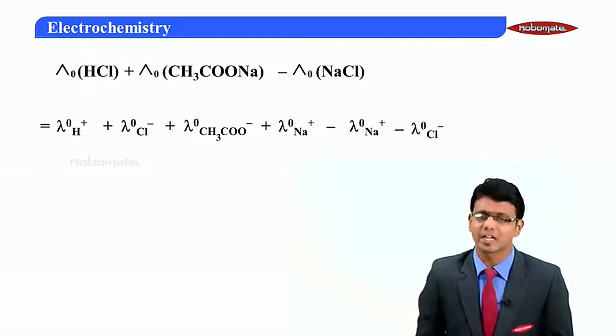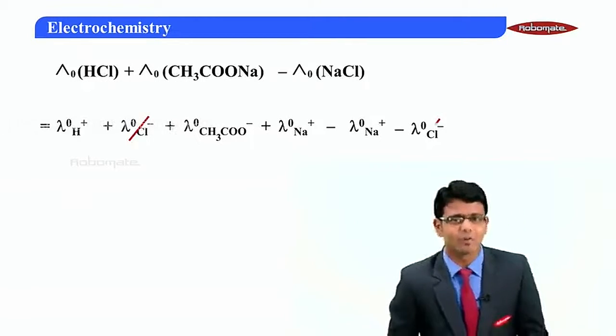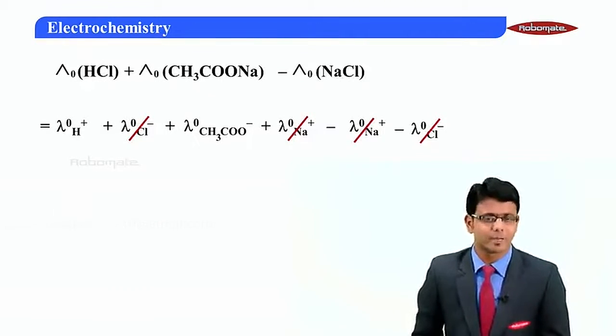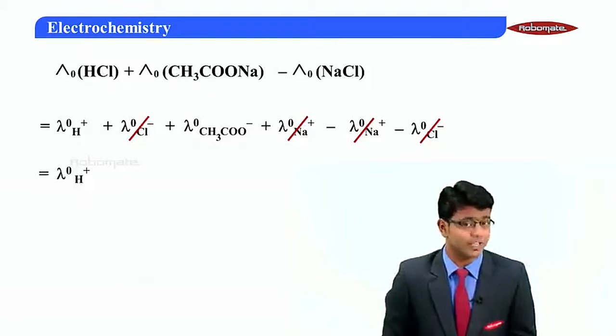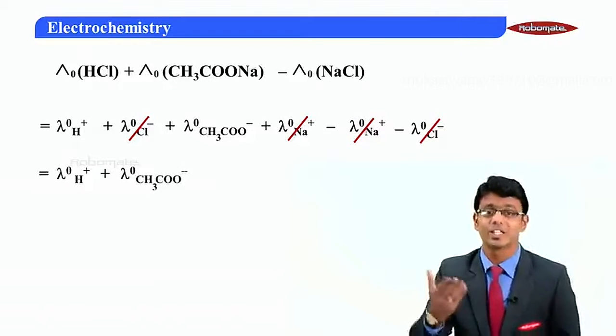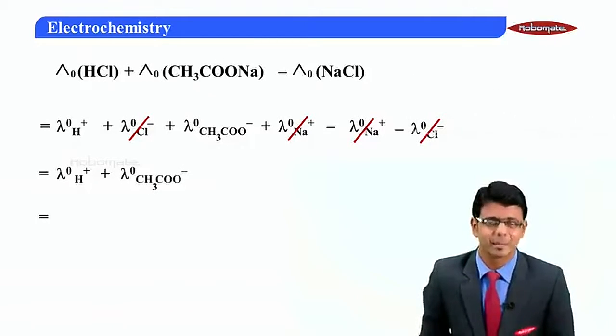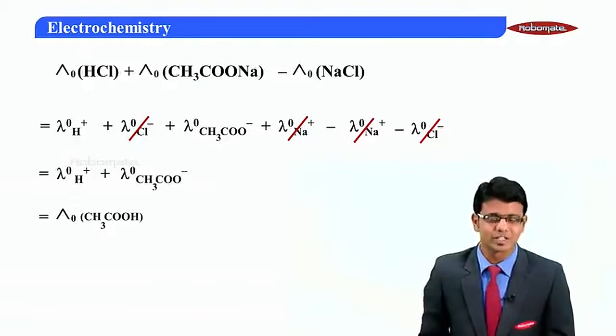These are molar conductivities at zero concentration for the ions. Cancelling out the lambda naught values for Na plus and Cl minus, what we have is lambda naught of H plus plus lambda naught of acetate ions, which is precisely lambda naught of acetic acid, right students?